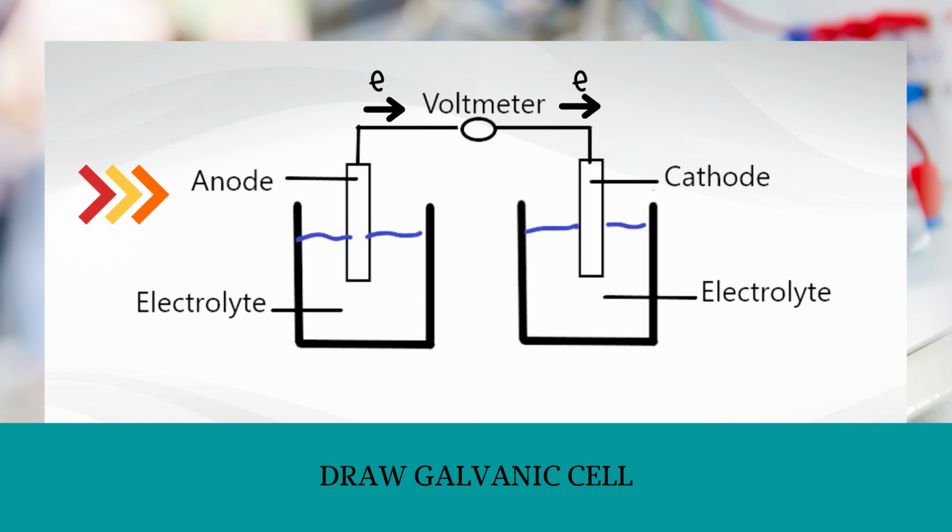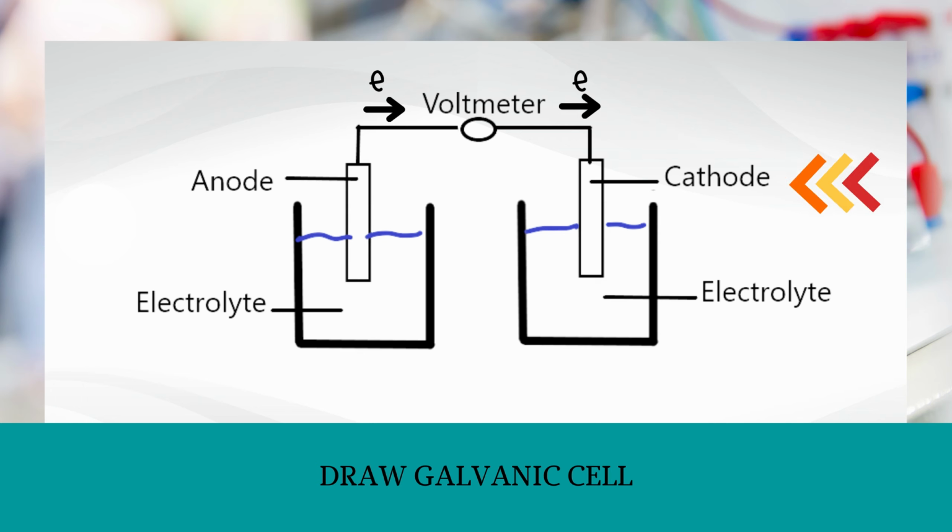So the half cell where oxidation, the loss of electrons, occurs is called the anode. The other half cell where reduction, meaning the gain of electrons, occurs is called the cathode.